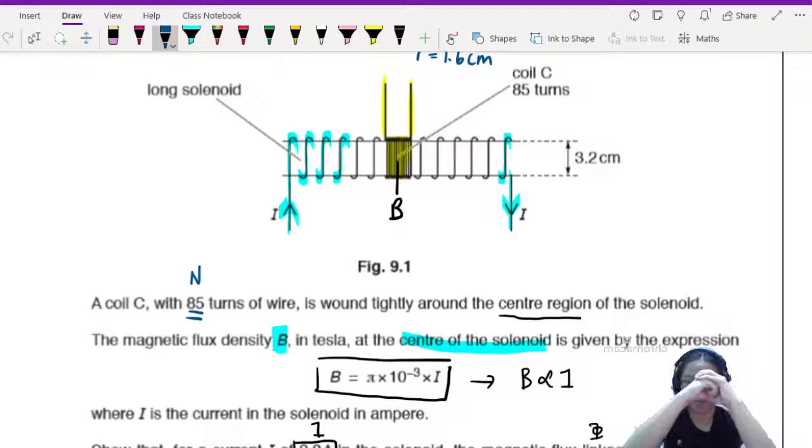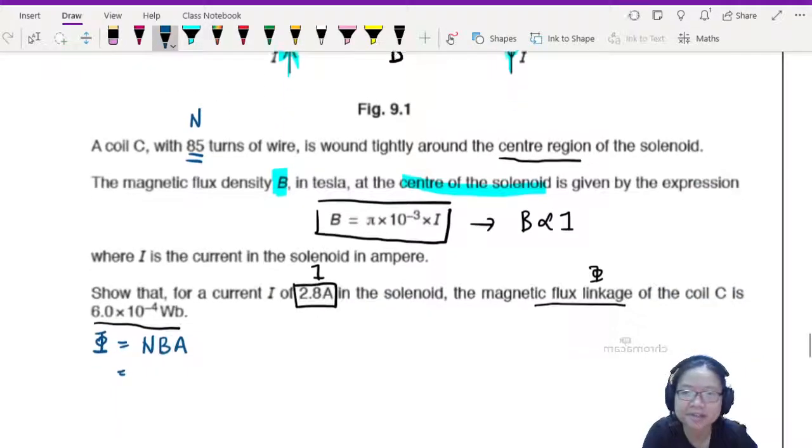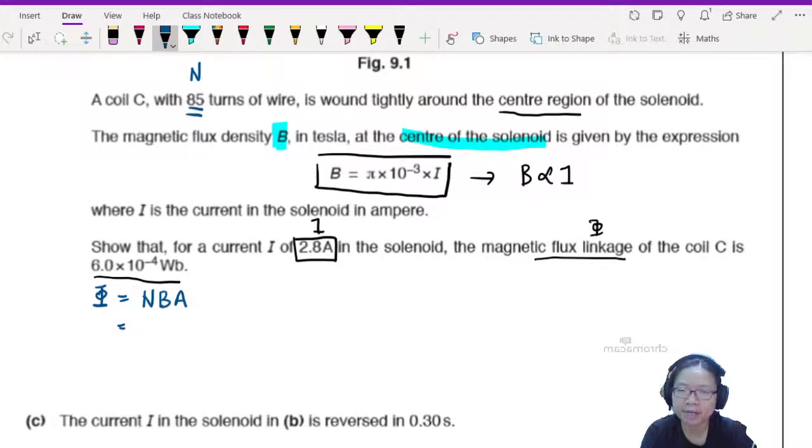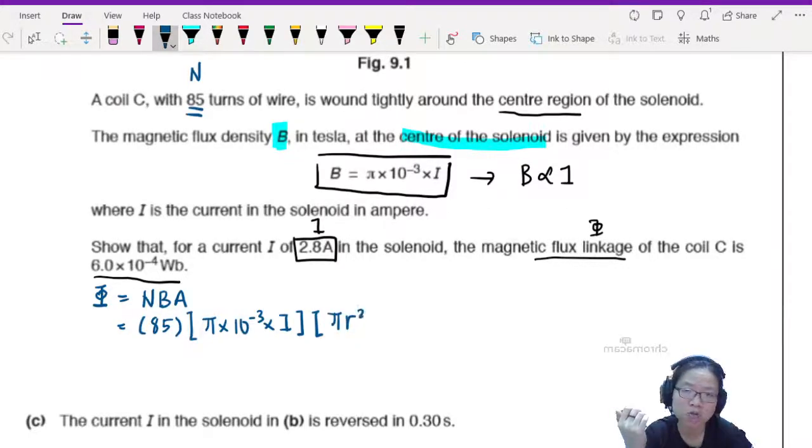So the angle is 90 degrees. Very good. So we're going to put in N. N is our beautiful 85. What is B? We got B already: pi times 10 to the power of negative 3 times I. And the area here will be pi r squared.